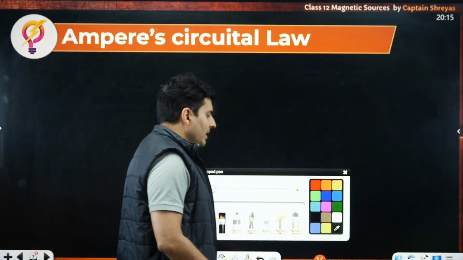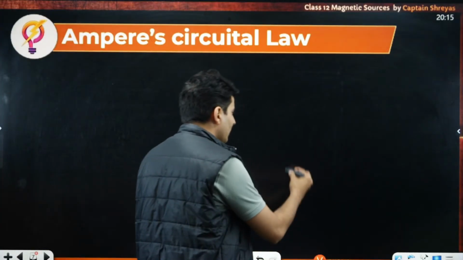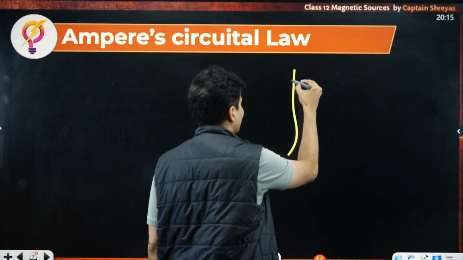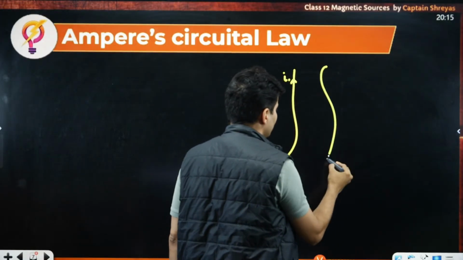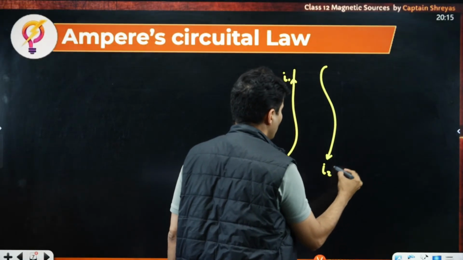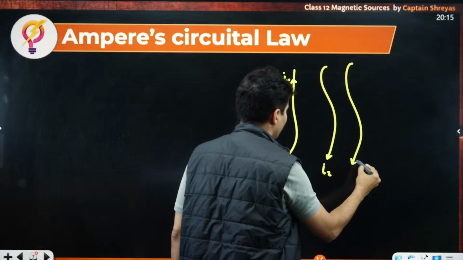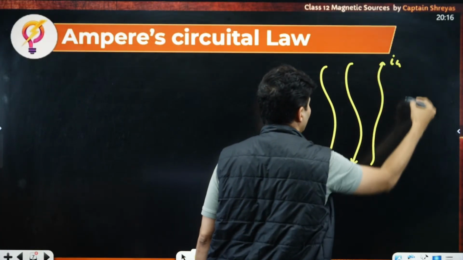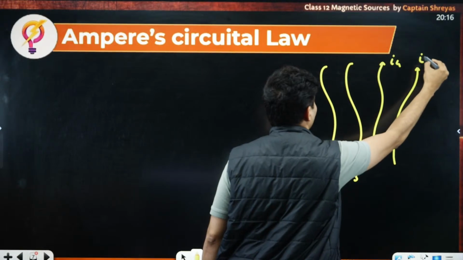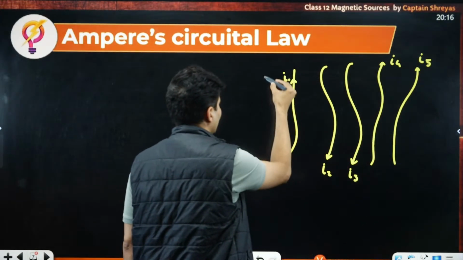In Ampere's law, what we need is a bunch of wires which are carrying some currents. Maybe this is carrying current 1, another wire carrying current 2, another carrying current 3, current 4, current 5.